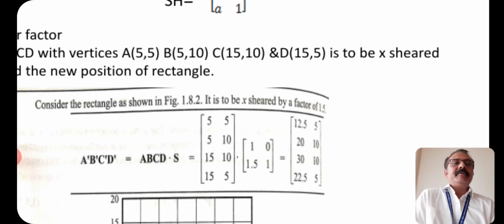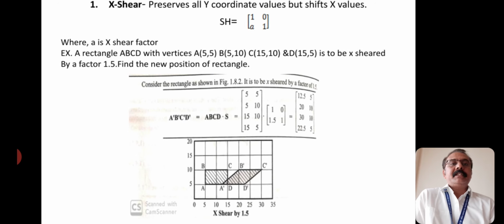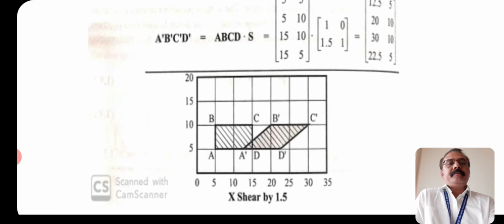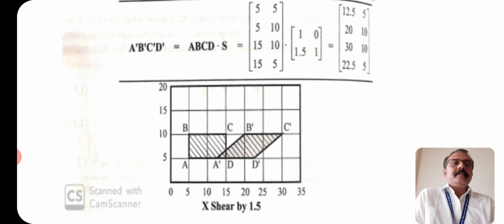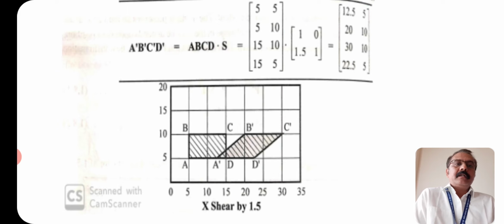After multiplication you will get 12.5 5, 20 10, 30 10 and 22.5 5. After X shearing, graphically if we observe the sheared rectangle, then it shows it becomes slant.